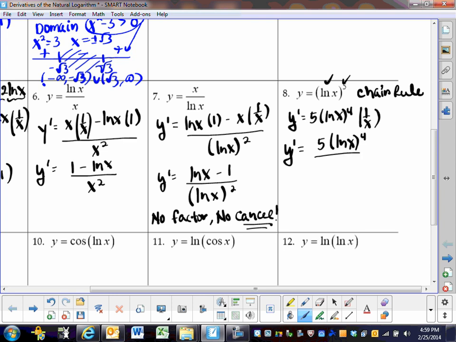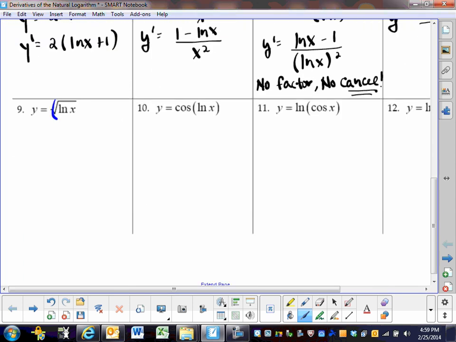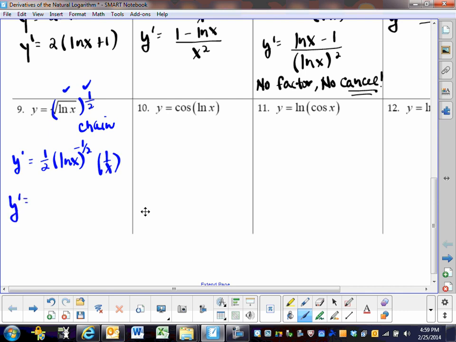So y prime is the power derivative, which is 5 natural log of x to the 4th, times the derivative of the inside, which is 1 over x. So our derivative would be 5 natural log 4 of x. And you'll see that notation, but I'm not a very big fan of that because it tends to run together. So I'd rather you leave them like this.